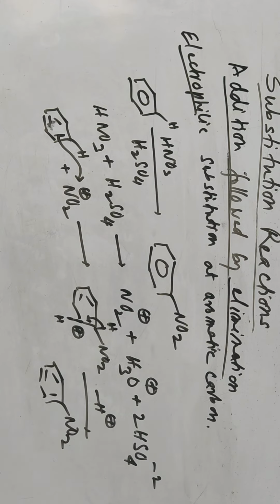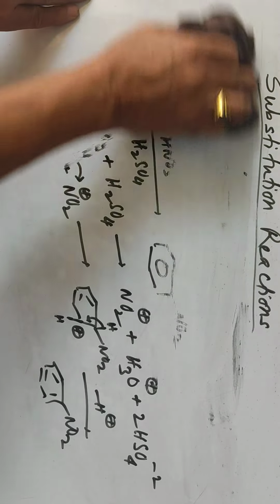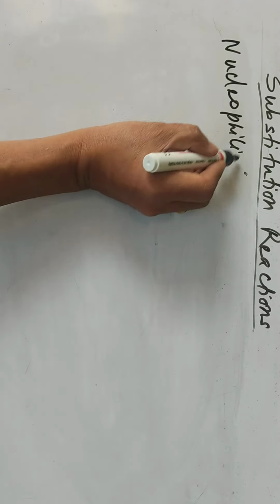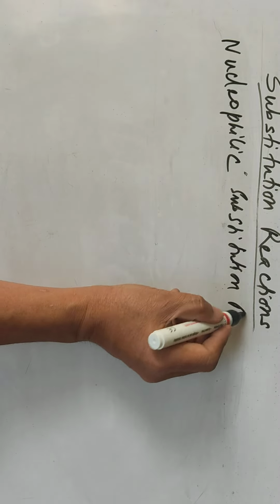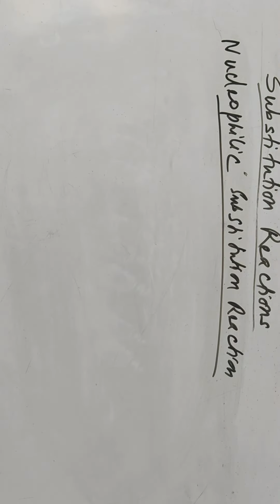Now let us discuss nucleophilic substitution reactions: SN1, SN2, SNi. Let's discuss them one by one. We discussed earlier that a substitution reaction can take place by two systems, either attack by a nucleophile or attack by an electrophile.